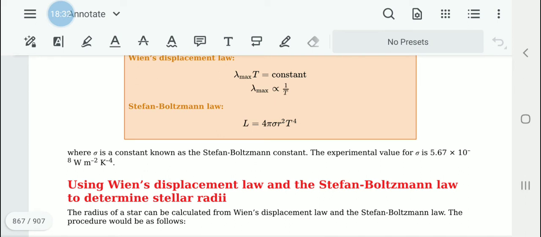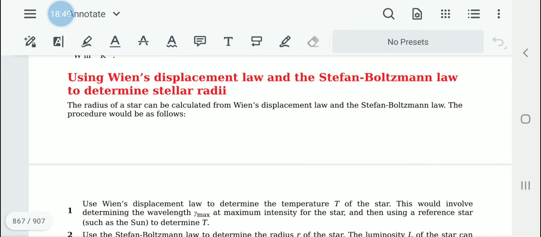This sigma is a constant known as Stefan Boltzmann constant, and it has a value of 5.67 into 10 to the power minus 8 watts per meter squared per Kelvin to the power 4. Now we can use these equations to figure out the radius of a star.